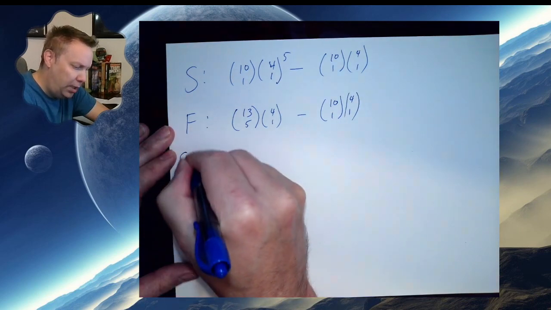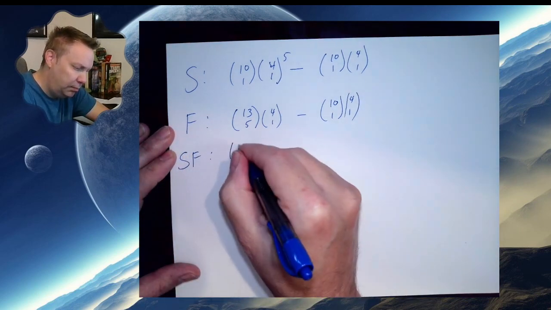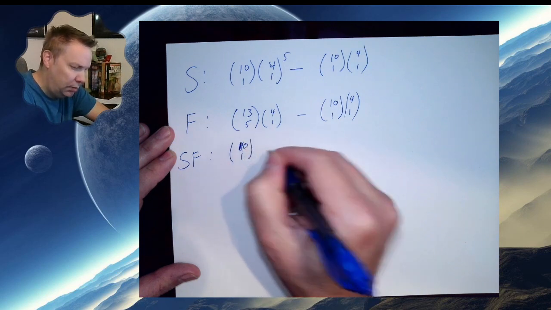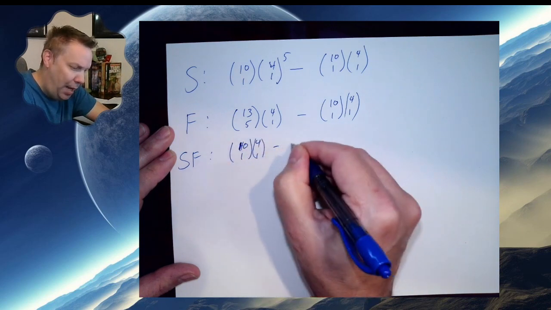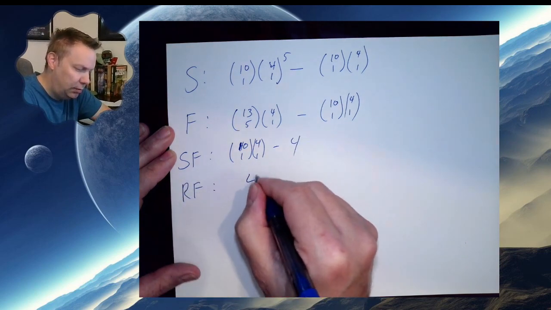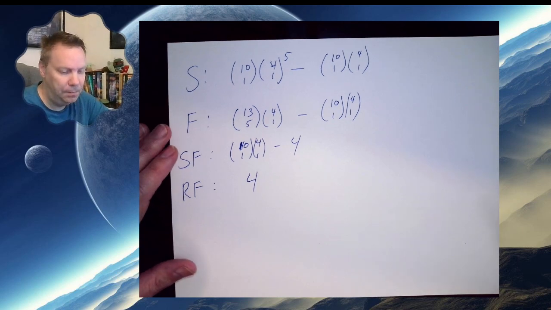The number of straight flushes: 10 choose 1, 4 choose 1, minus 4. The number of royal flushes, that's just 4.